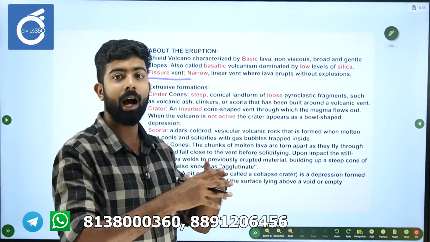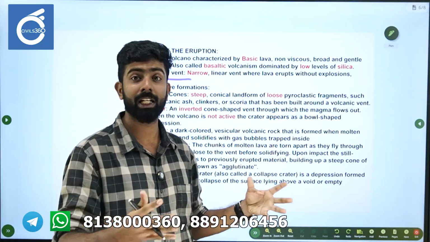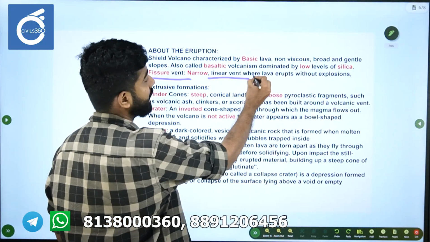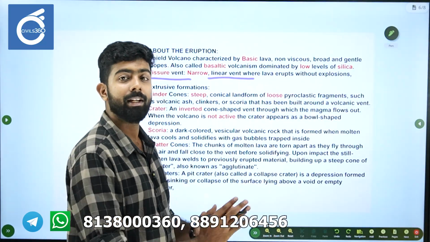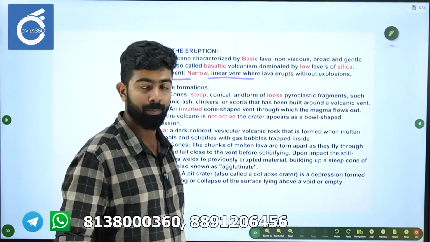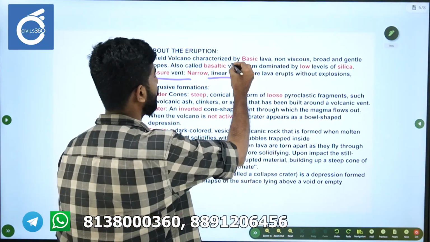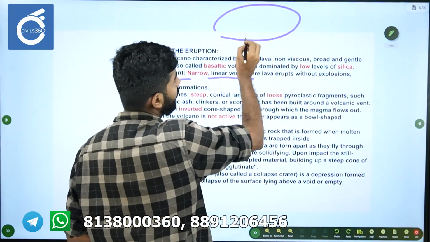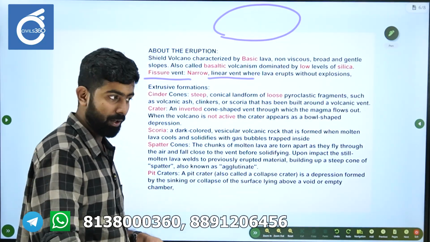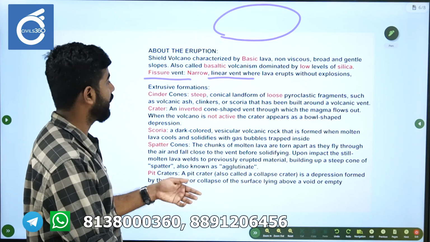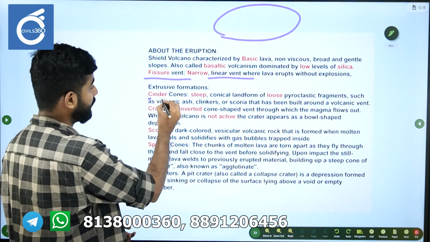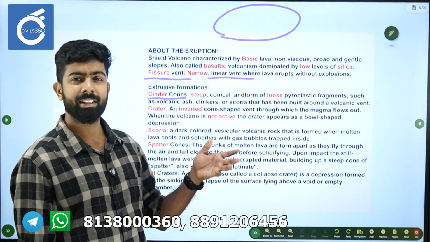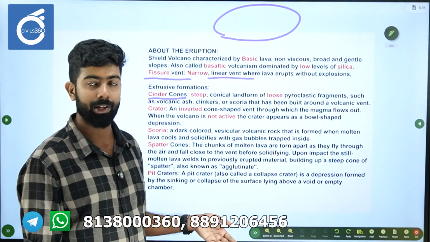So essentially, the lava comes out through fissure vents, which are linear vents, right? It's not like going straight upwards and exploding out, but it's a linear vent along a line. Then you have what is known as the cinder cone. Remember this terminology associated with the volcano.